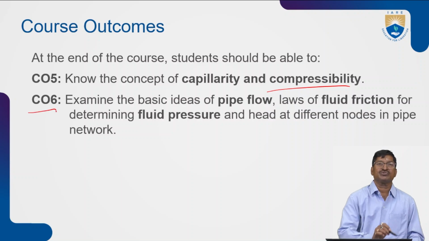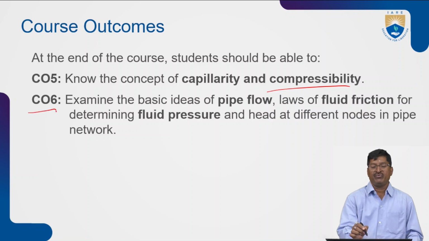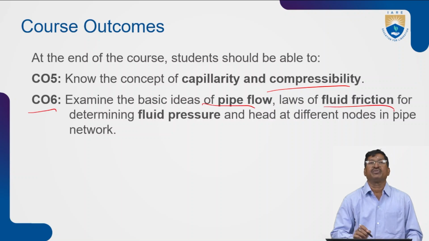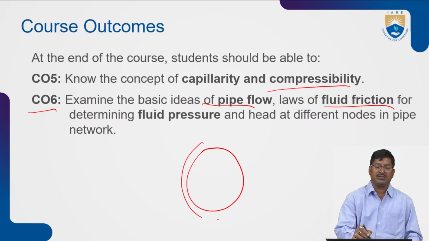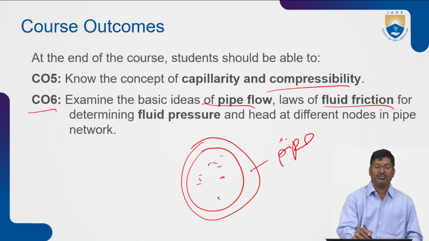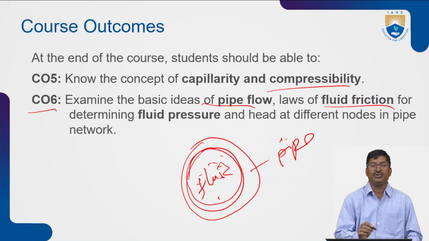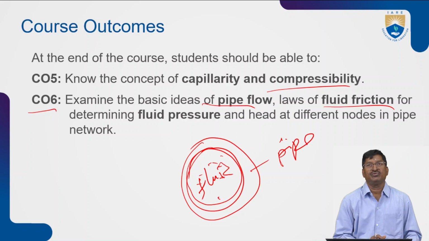And the last one, course outcome 6, is pipe flow or fluid friction. Whenever a fluid is moving inside a pipe, this is a pipe and this is a fluid. At the inner surface of the pipe and the fluid surface, because of the movement of the fluid, there will be frictional forces.